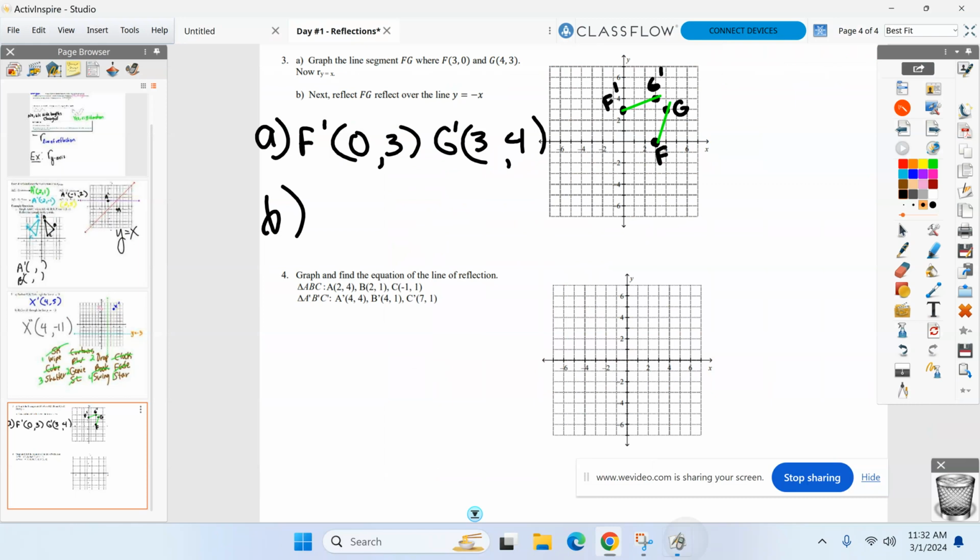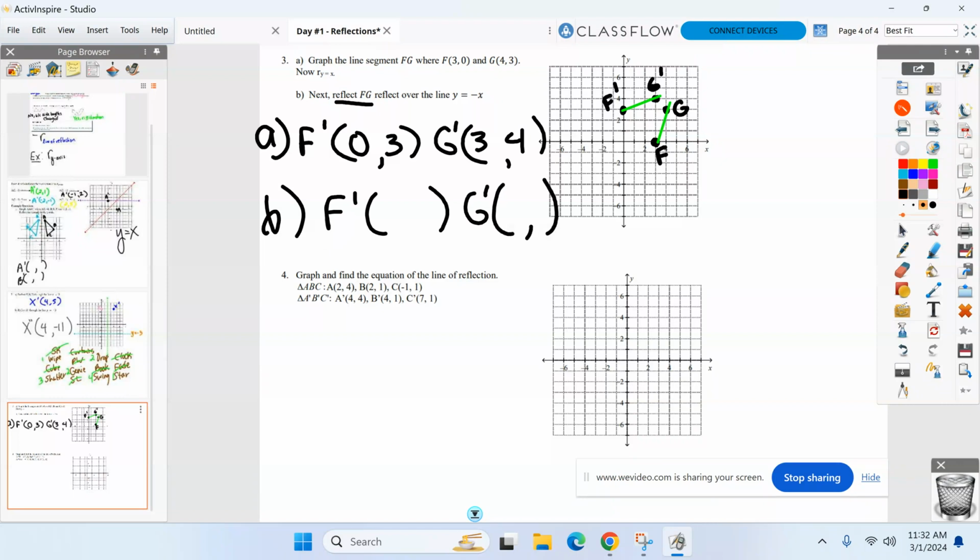Doyle, got a suggestion? You put positives to negatives and negatives to positives. And flip. Okay, so not only am I going to change the signs, but flip and change the signs. And quick A, directions, what are we reflecting? Make sure you know we're reflecting FG, not the prime coordinates. So we're still going to call this F prime and G prime.